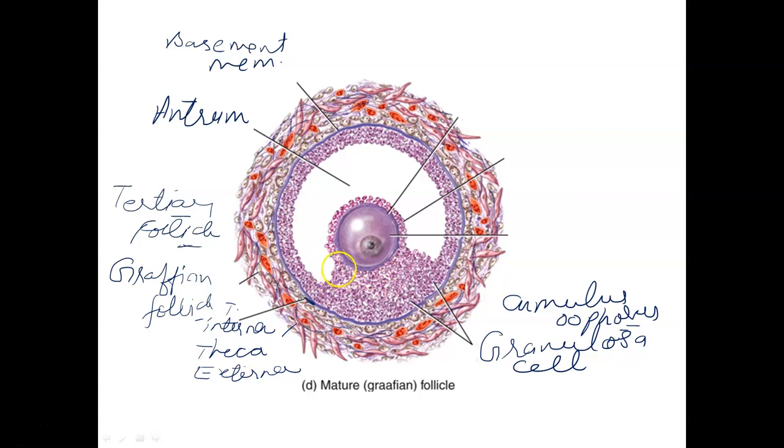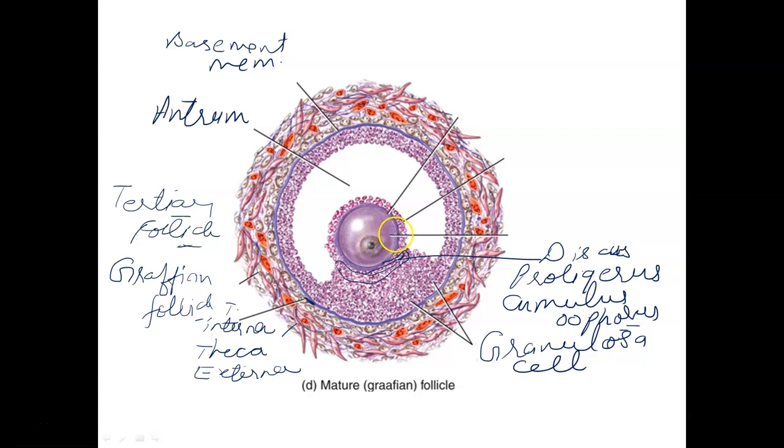And discus proligerus is the disc, the last layer of those granulosa cells. Now this is the secondary oocyte. This secondary oocyte has this structure which is the nucleus.